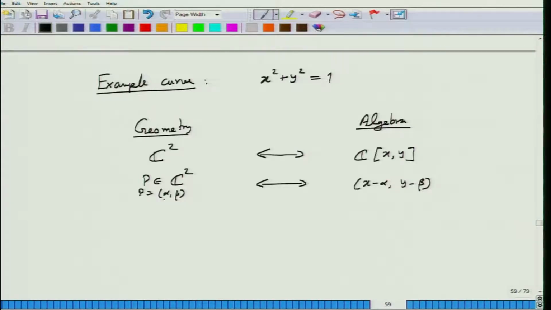One side is clear, that if you look at the point P and look at this ideal, every polynomial in this ideal is 0 at P, because it can be written as something times x minus alpha plus something else times y minus beta, and at alpha beta it is 0. So one way is clear.